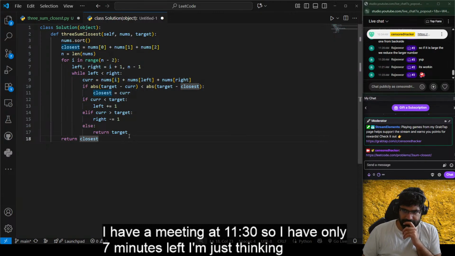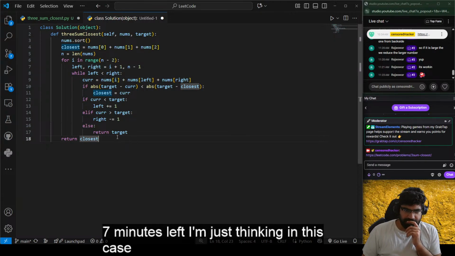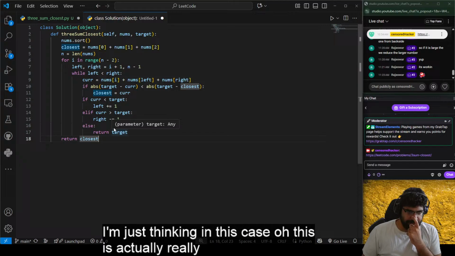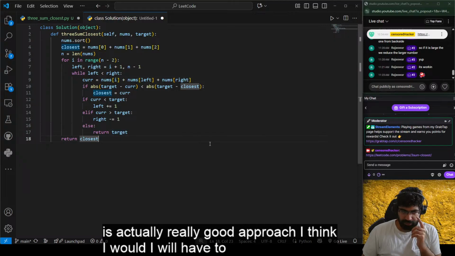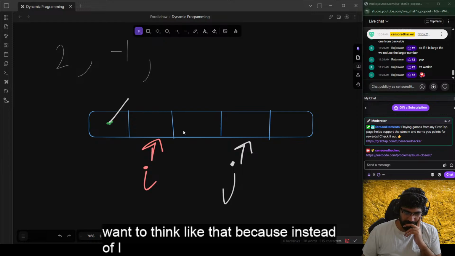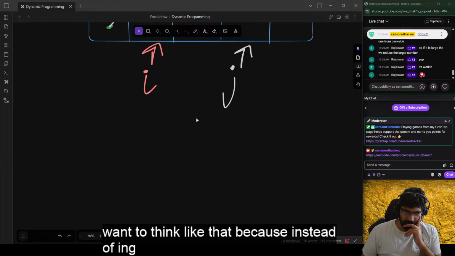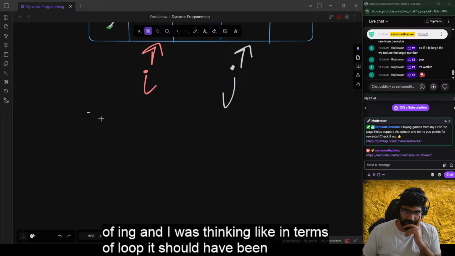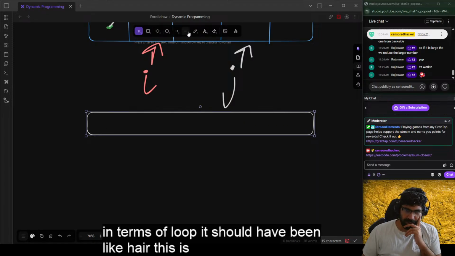I'm just thinking in this case. Yeah, this is actually a really good approach. I wanted to think like that because instead of i and j, I was thinking in terms of loop, it should have been like here, this is the one.